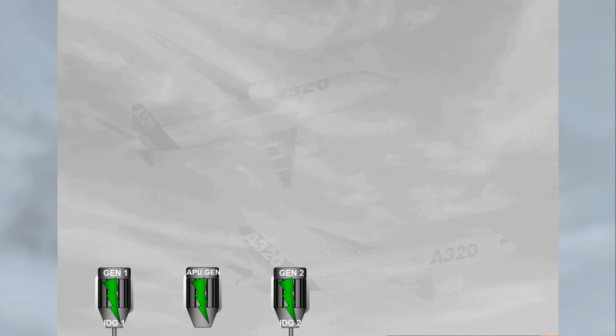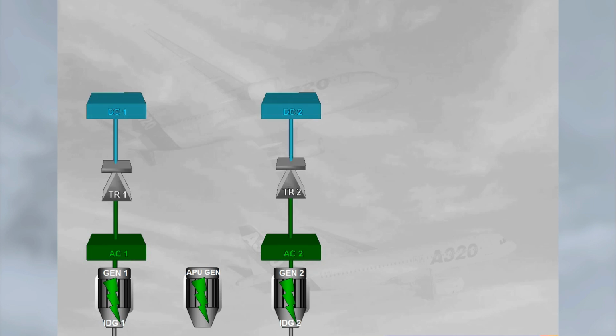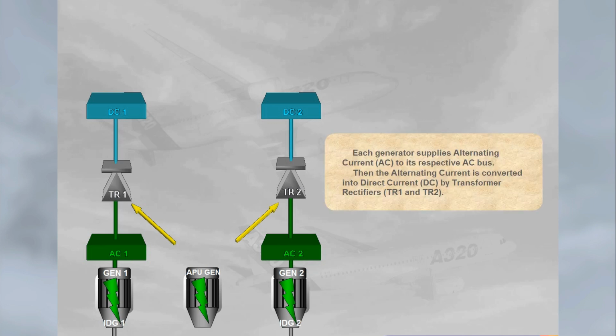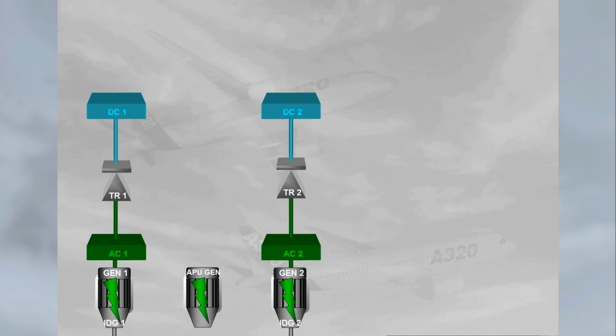Each generator supplies alternating current, AC, to its respective AC bus. Then the alternating current is converted into direct current, DC, by transformer rectifiers, TR1 and TR2. The A320 electrical system also includes two essential buses.